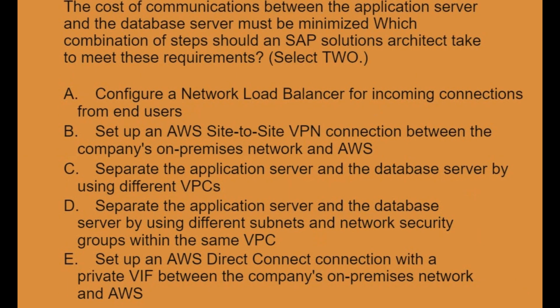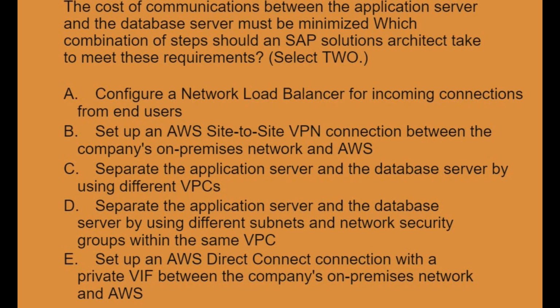Option A. Configure a network load balancer for incoming connections from end users. Option B. Set up an AWS site-to-site VPN connection between the company's on-premises network and AWS. Option C. Separate the application server and the database server by using different VPCs.